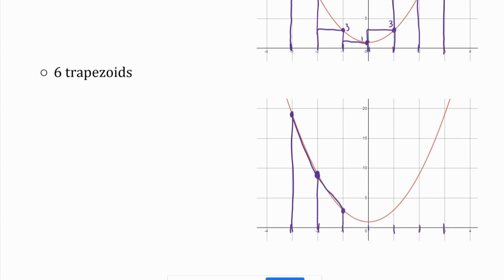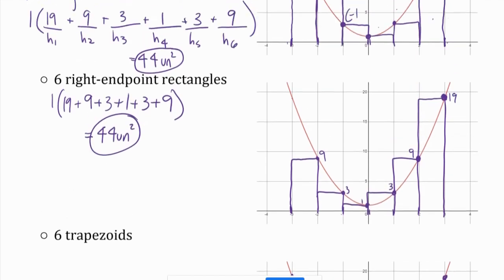and you'll notice that a trapezoid is way better, the lines are way closer to the actual heights of my parabola. So what I mean by that is these lines here match the parabola's shape much better than these do.